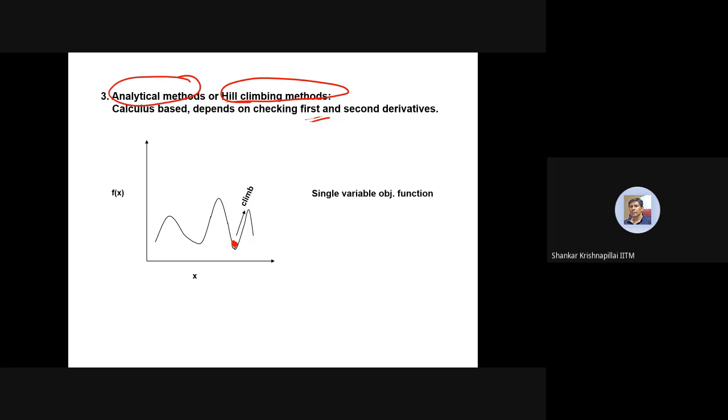He has to find the slopes on either side, like theta, and whichever is the steepest slope, the algorithm will climb, always checking the first derivative. When the first derivative is 0, it means you have reached the peak. Then you check the second derivative to see if it is maxima or minima. So this is called hill climbing or calculus based methods.